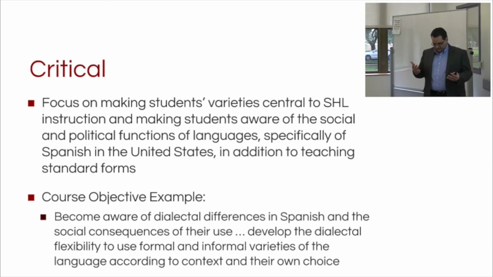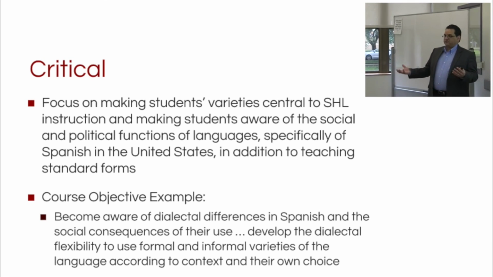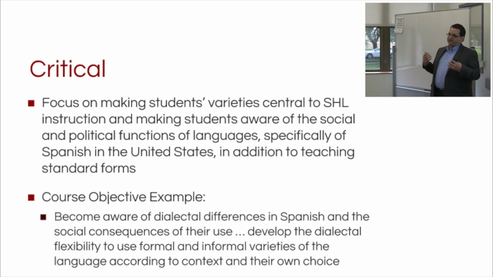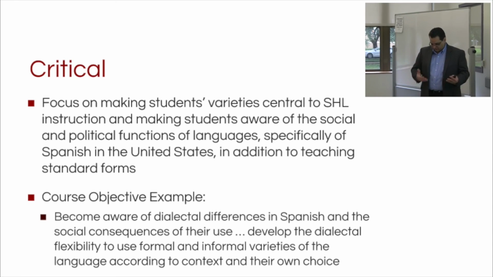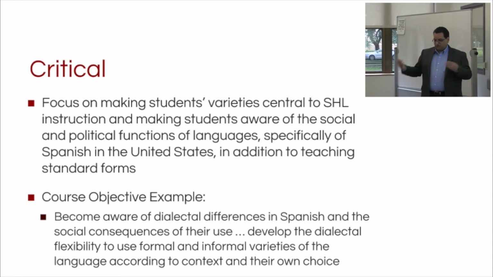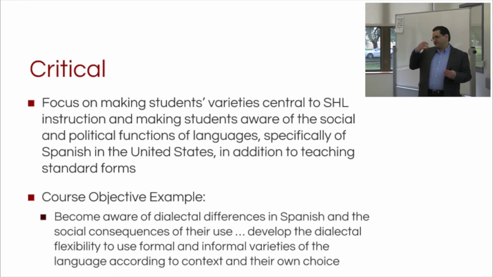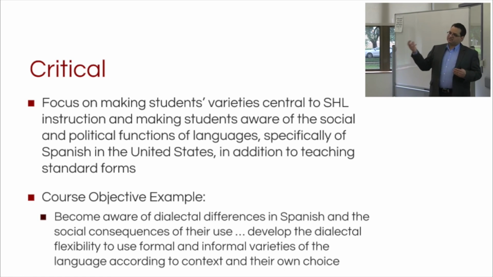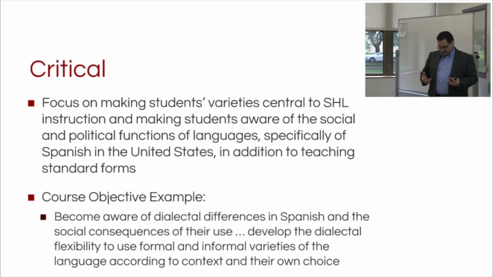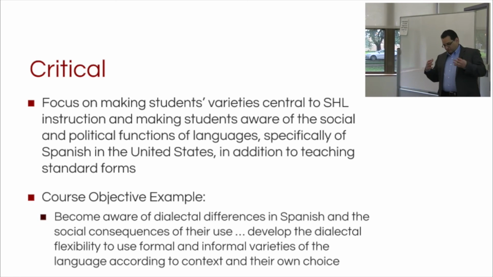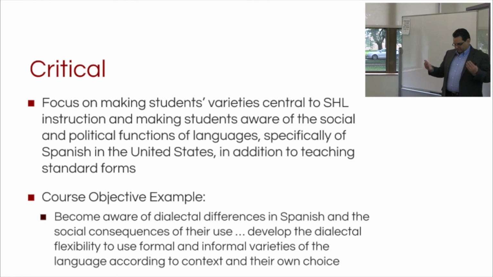Some people focus on awareness versus knowledge, right? So trying to make students aware of these political differences, or trying to make them knowledgeable about the political basis for language difference, or going from knowledge to practice, right? So how do students actively contest these standard language ideologies? So the critical approach, I think, is more eclectic. It takes various forms.